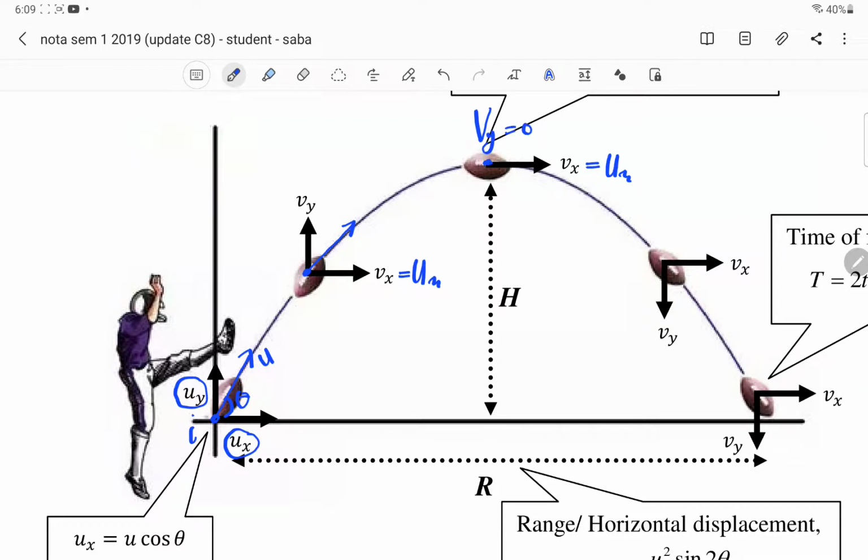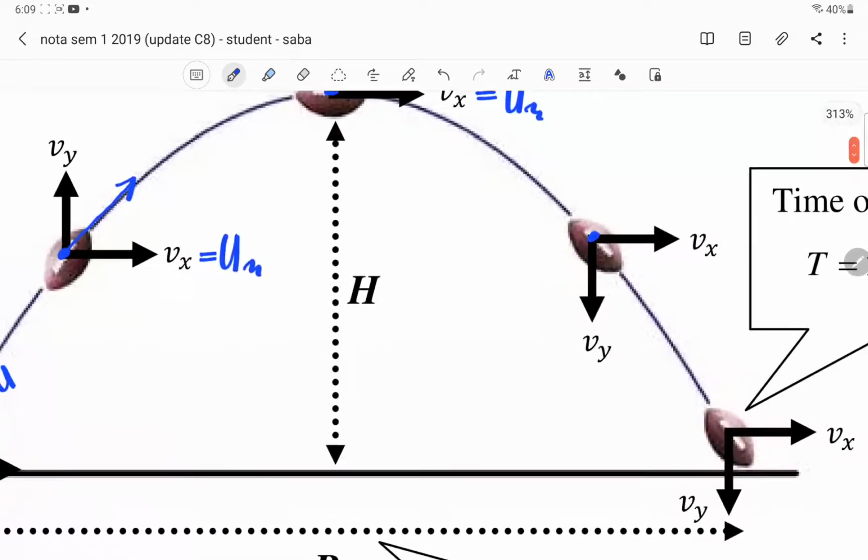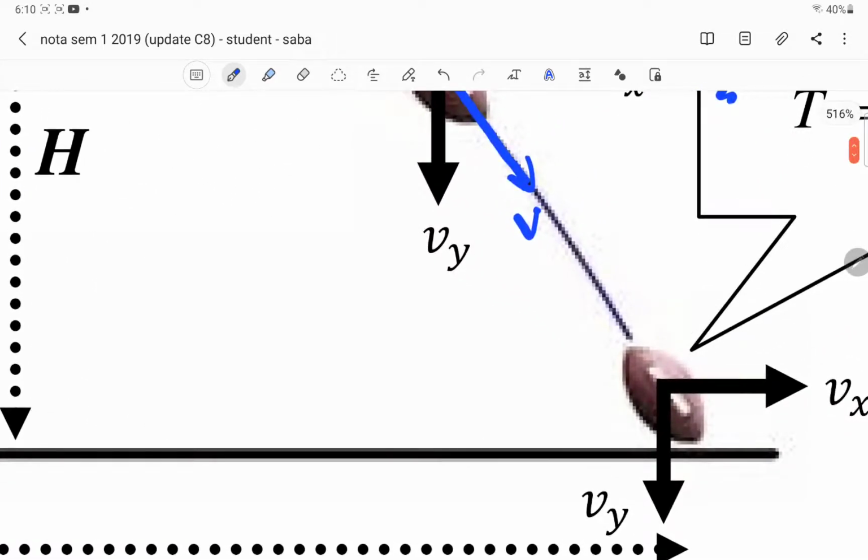When the object is going downwards, let's say at this point, so direction of the magnitude in this direction, Vy is downward, and Vx is always equals to Ux until the object reach at this point just before touch the ground.